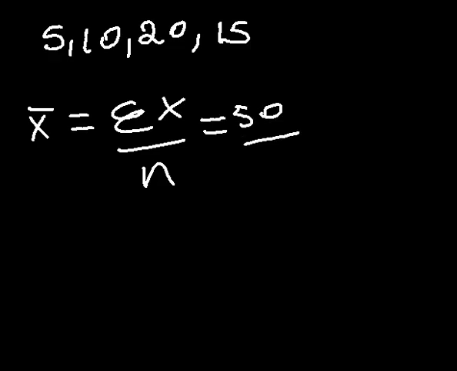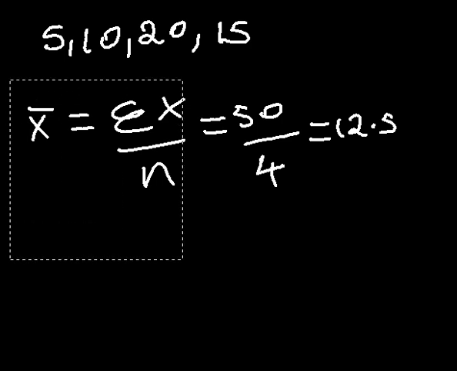Divide by how many values are here? We have 4. So divide by 4. That will be given as 12.5. So that is the mean, which is 12.5.